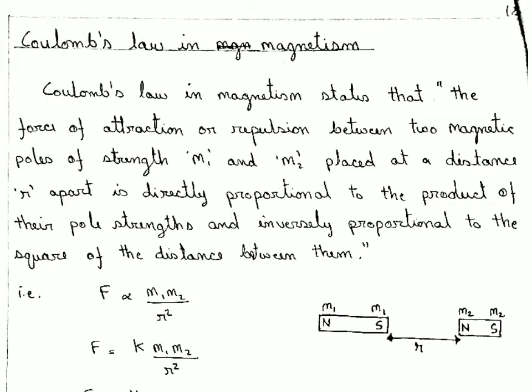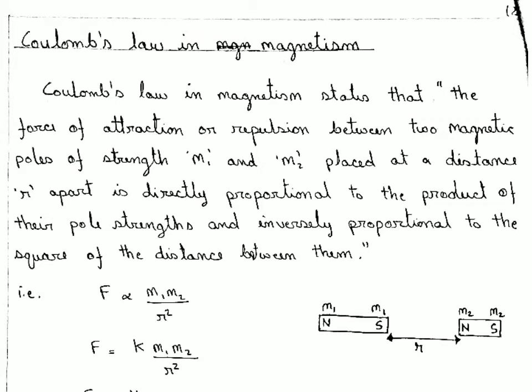So there is a force of attraction between these two poles, south pole and north pole, and that force of attraction is directly proportional to the product m1 into m2, divided by r square, or inversely proportional to the square of the distance r.